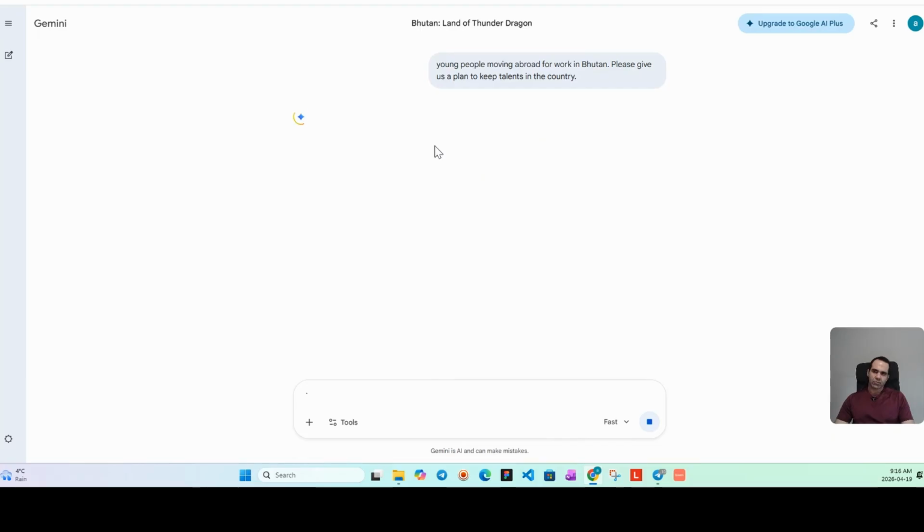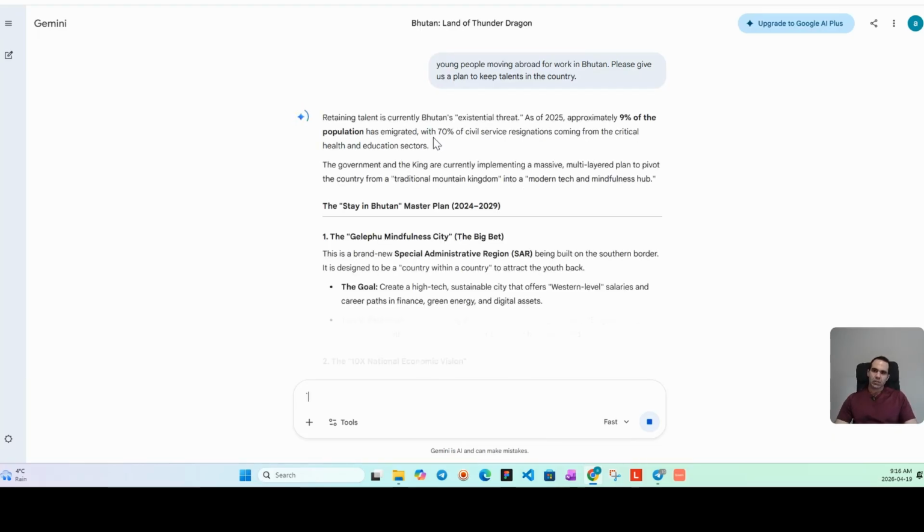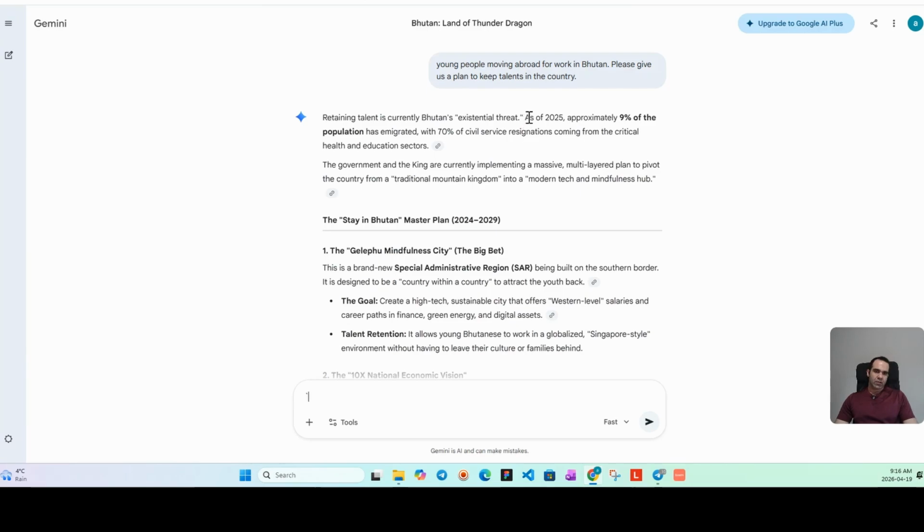And as you can see, I'm using the normal, free version of Gemini. Retaining talent is currently Bhutan's existential threat. As of 2025, approximately 9% of the population has emigrated. 9%, it's too much.